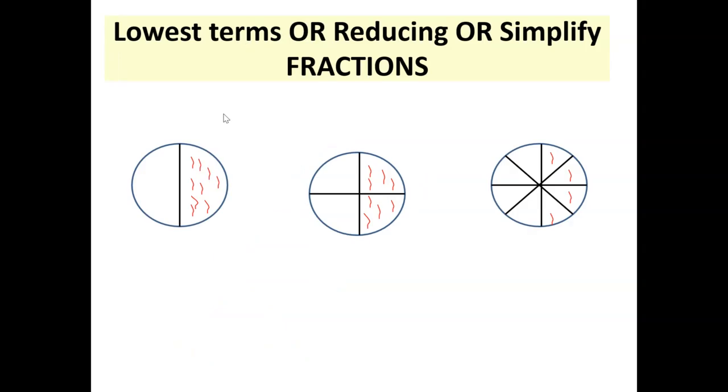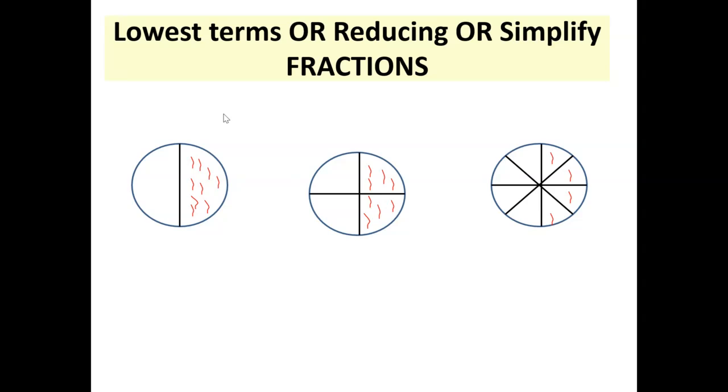I'm going to move on now to show you how to write a fraction in the lowest term, or reducing a fraction, or simplifying a fraction. Let's first understand what I mean by lowest term. You can see here 3 different kinds of pizza with different numbers of slices. In the first pizza, I have only 2 slices.